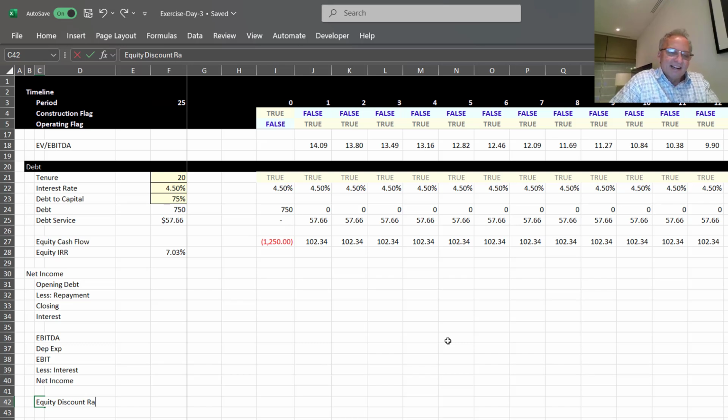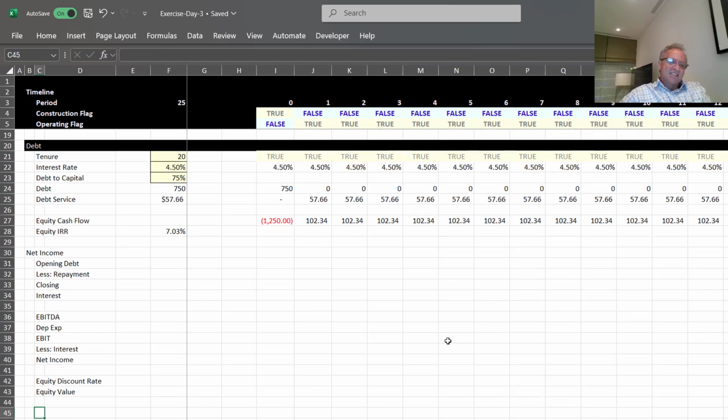You could almost argue it's about the same or lower, because you have upsides in equity from refinancing and selling the assets, and you don't have those upsides in the debt. You can, but starting to do this re-leveraging and unleveraging, oh my God, would that be bad? Okay, and then we'll put equity value, and then let's just see what happens to our PE ratio. And I have no idea. I've never done this before.